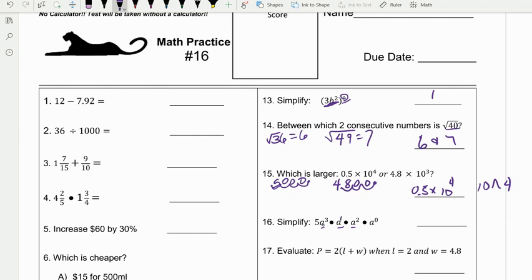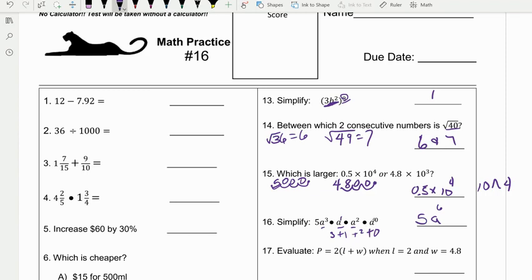So we have a to the third, a to the first, a to the second, a to the 0. So if we add those exponents, 3 plus 1 plus 2 plus 0, that gives me a total of 6. So that means I'm going to have a to the 6th power. And 5 is the only coefficient out front, so this has to be 5a to the 6th.